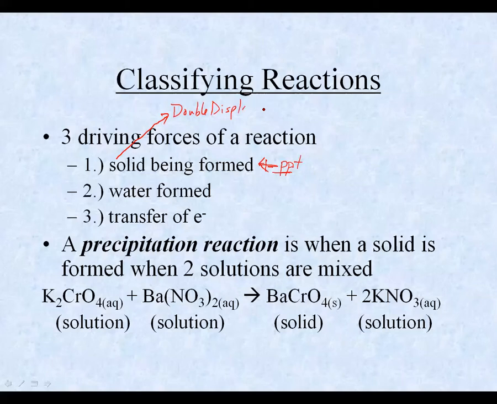And a double displacement reaction, as we talked about before, is essentially when you have two ionic compounds together. And what happens is the positive ion in the first ionic compound will switch partners with the positive ion in the second ionic compound. And what it does is it creates two new ionic compounds, usually on the product side.